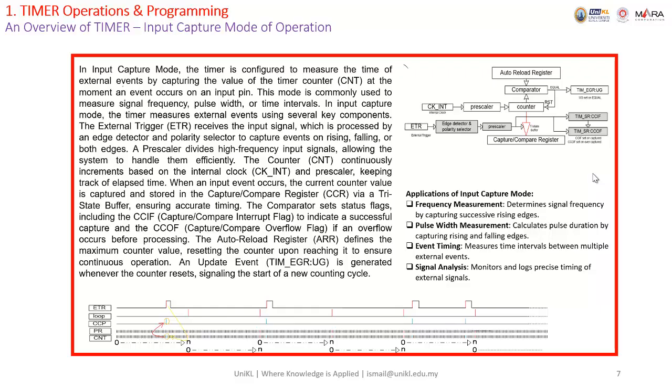Over there I show you, I take a red color here, to show that the count has overflowed. Then whenever there is an external trigger from outside, the present value inside the counter will be captured by the CCR register.